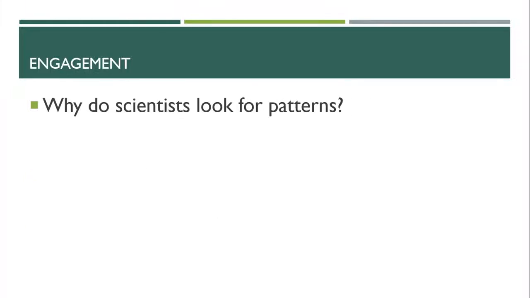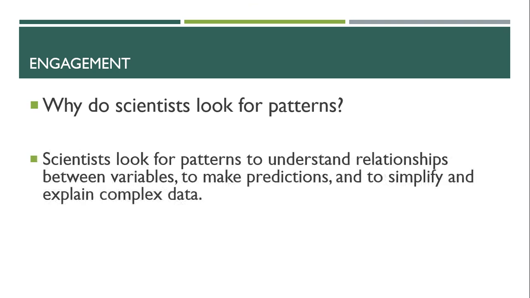So why in the world do you think scientists look for patterns? Why don't you pause the video for a second and think about that? Well, a generally accepted reason why scientists look for patterns is the ability to find and predict things we don't know.